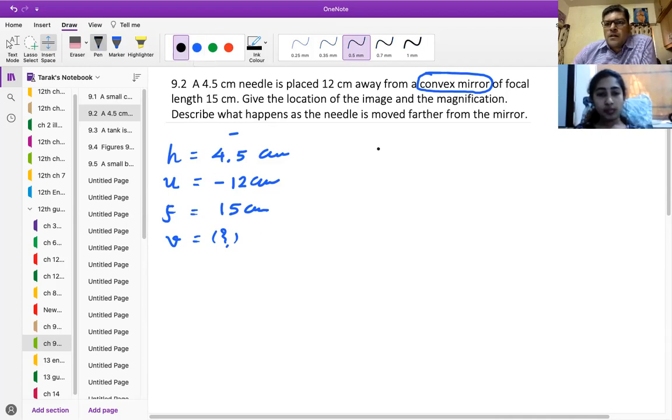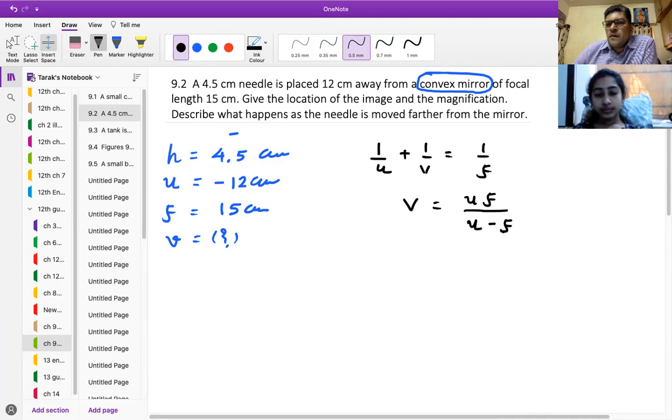Chalo bhai. So first of all, 1 by u plus 1 by v equals 1 by f. I want to find v, so it gives me uf divided by u minus f.